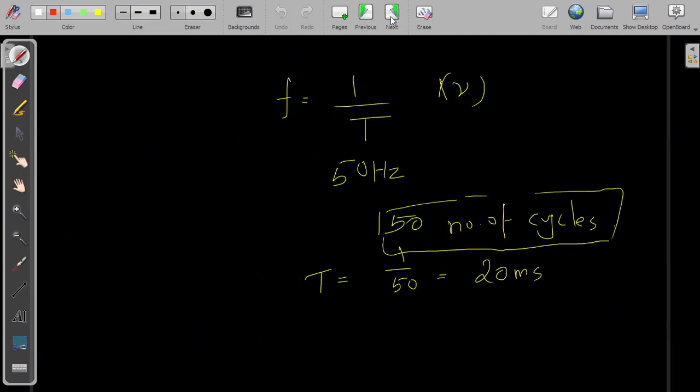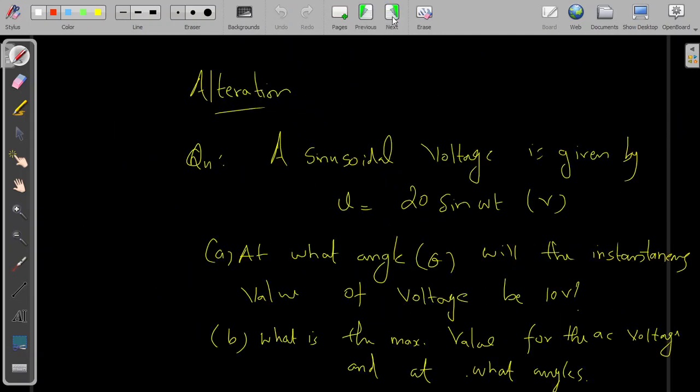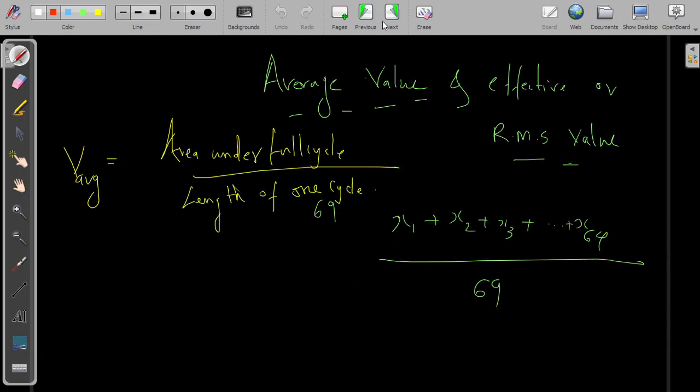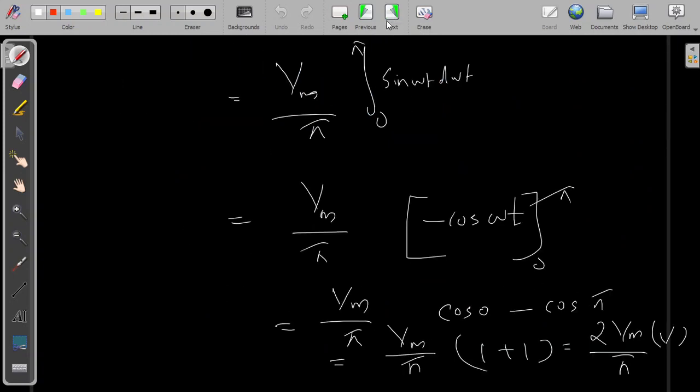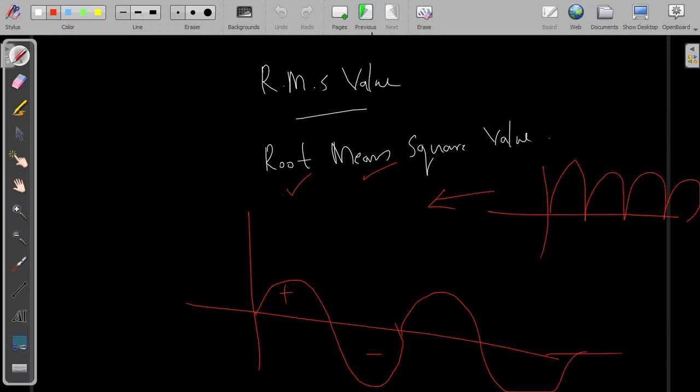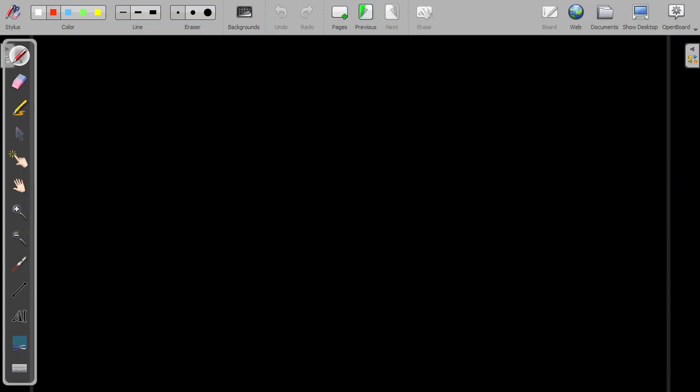But practically, for computing the RMS value, we have a formula like this.